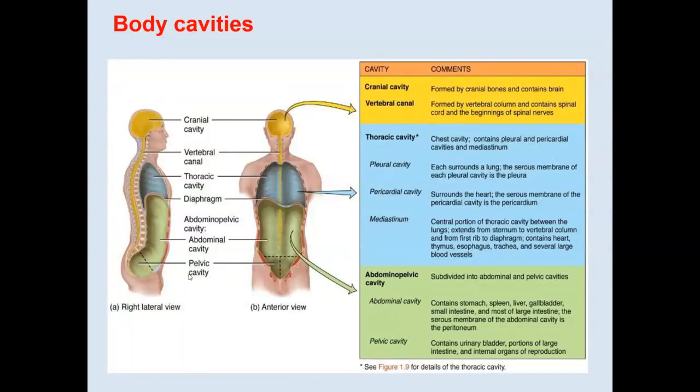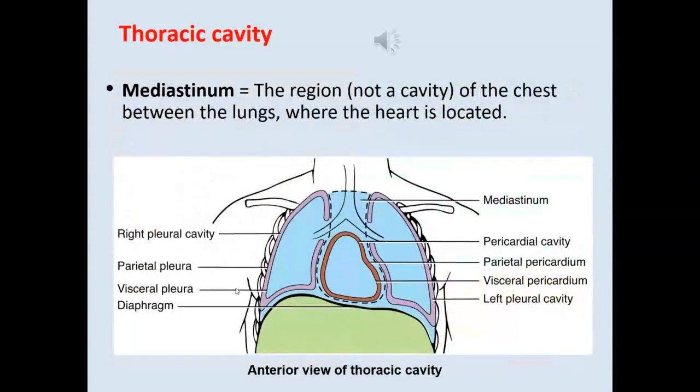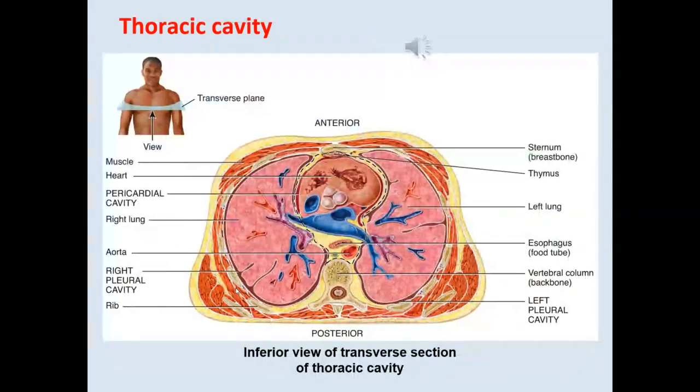Then when you relax that muscle, your abdominal organs push it back up and force the air out of your lungs. We also use some rib muscles for breathing. We'll talk about that; that's in anatomy too, right? Okay, that's all we need to know about body cavities.